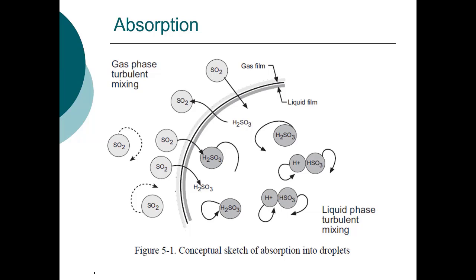So think of this as water droplets. We need to have mass transfer across the air-water interface, and then we have dissolution of the SO2, which then reacts to form H2SO3. We also have SO2 gas that's dissolved, which then can diffuse the other way.